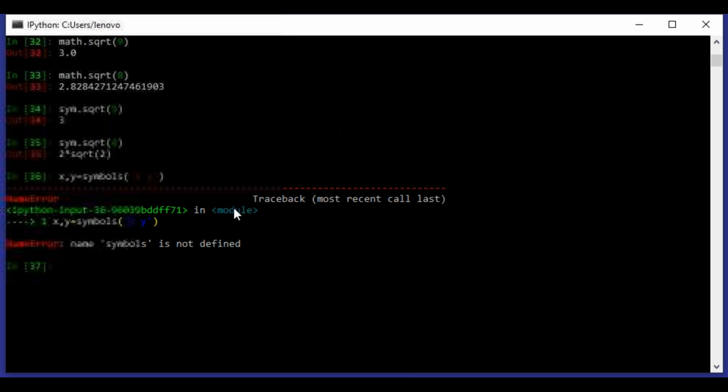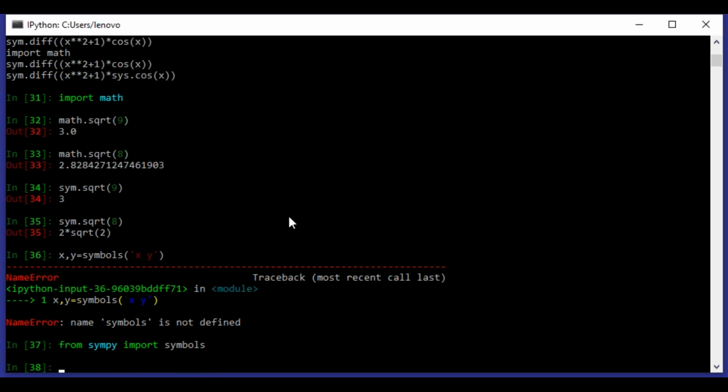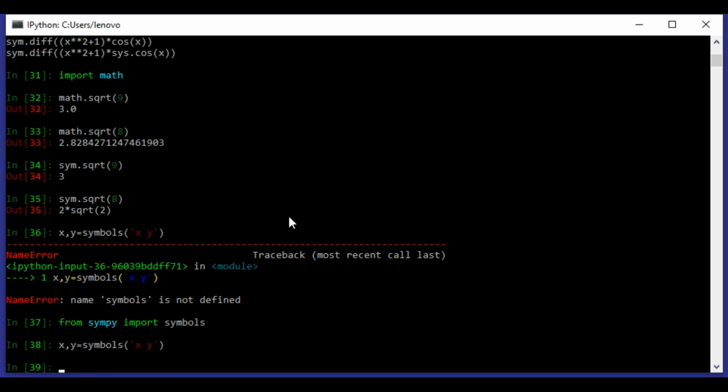Okay, we can do that initially. From SymPy we can import symbols. From SymPy import symbols. Then x, y equal to symbols x y.